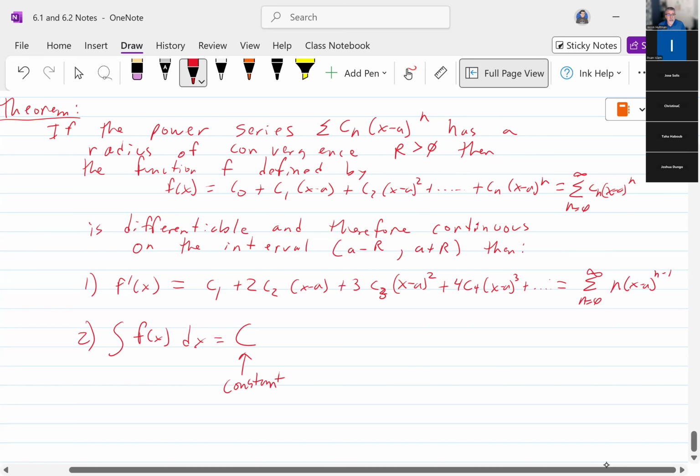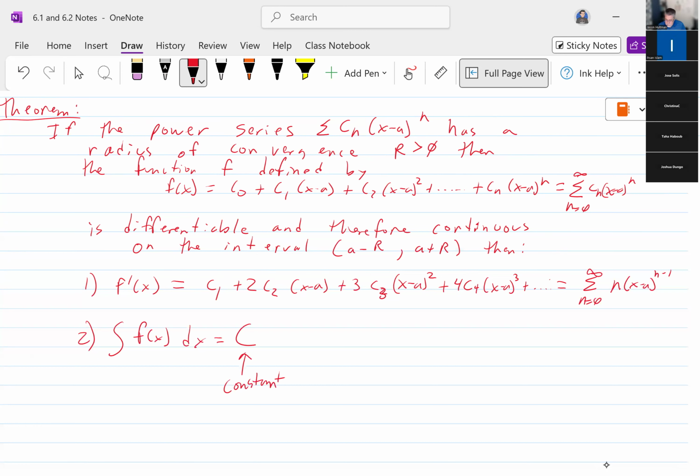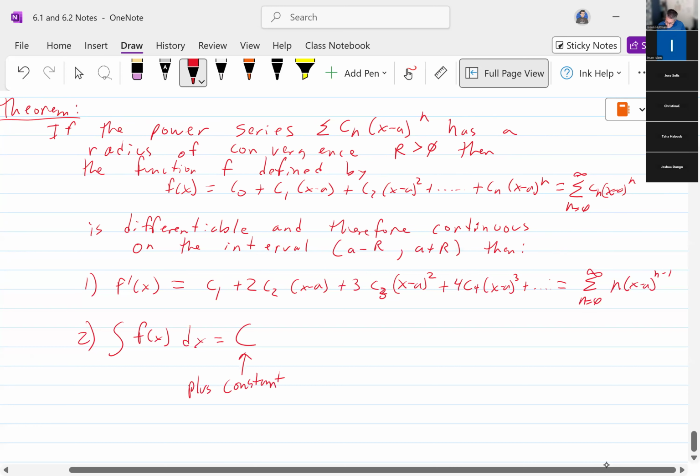Okay, because when we integrate, we get a constant. Remember, plus c. Okay, that's my plus c. Okay, plus a constant. Plus c naught times x minus a, plus c1 over 2 times x minus a squared, plus c2 over 3 times x minus a cubed, plus dot dot dot.